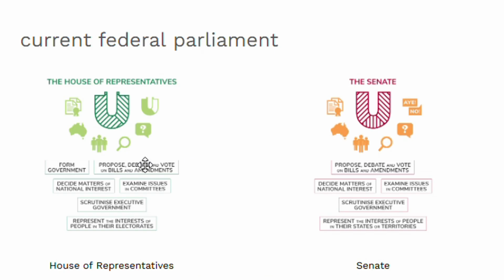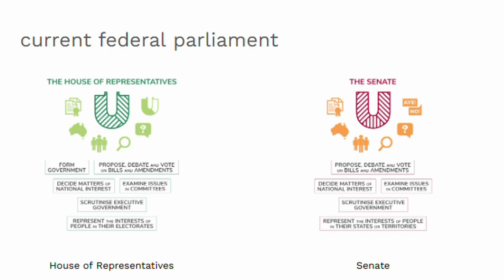They're both scrutinizing, but it's different in terms of what committees they decide on, and their daily functioning. The Senate is responsible for scrutinizing the bills that come through from the House of Representatives, so all legislation must pass from the House of Representatives to the Senate.